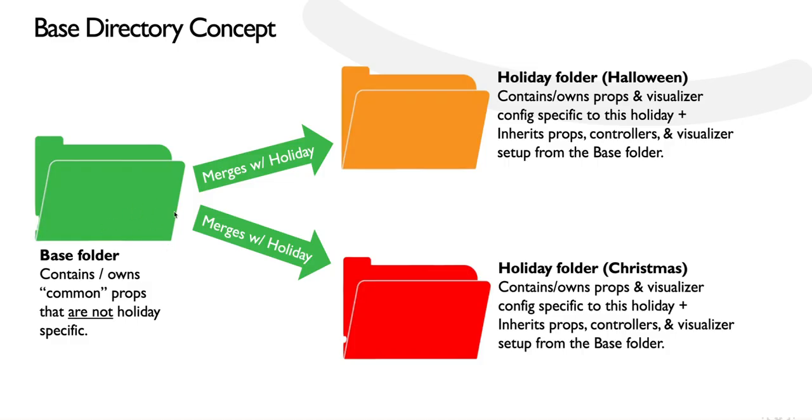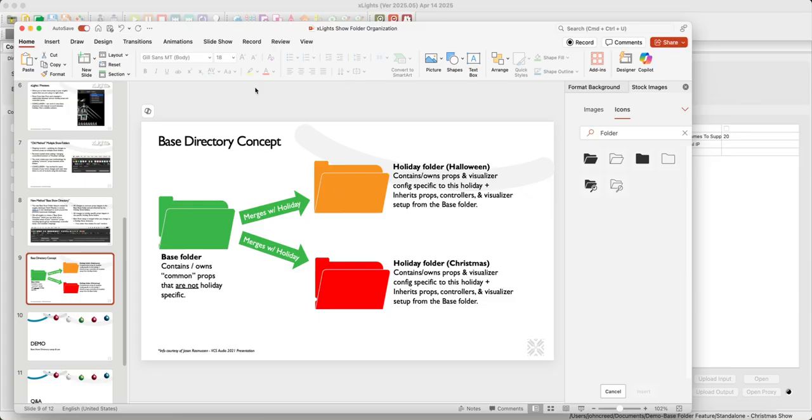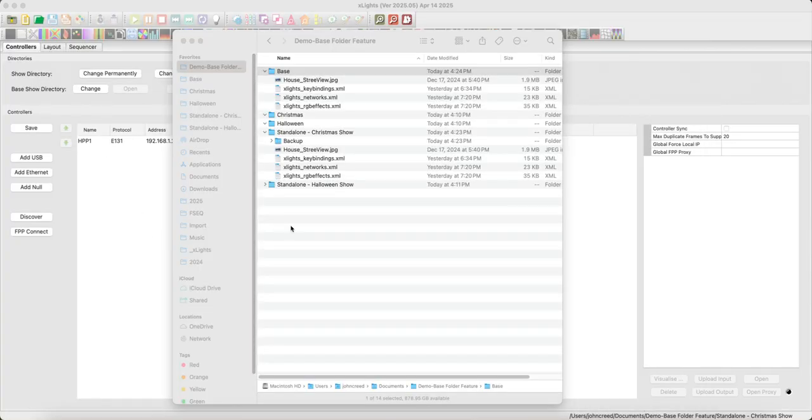What xLights is doing is inheriting or merging the information in the base folder in with what you've set up in the holiday folder to give you a complete result, allowing you to maintain holiday specific props in the holiday folders, allowing you to maintain common props in the base folder, and allowing everything to merge together auto magically as xLights does. So with that, we'll leave the PowerPoint behind here, and we will dive in.